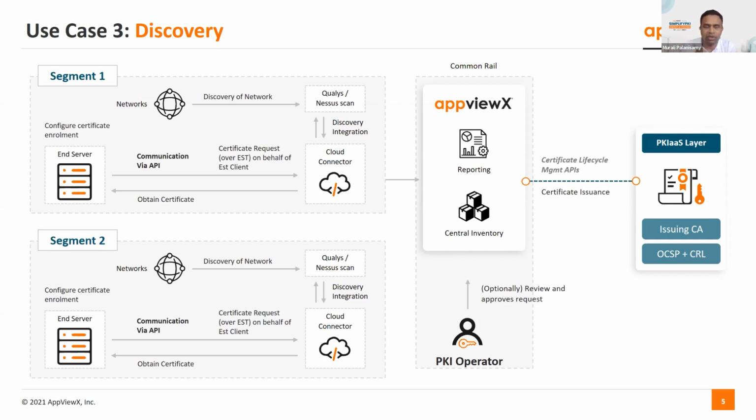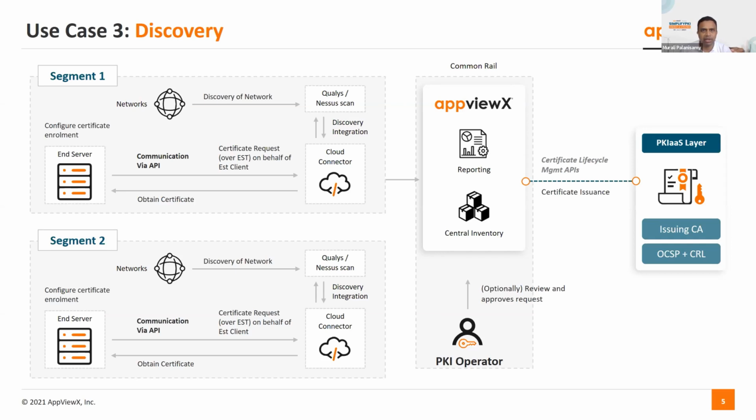Now, when we talk about zero trust with these multiple segmentations, it becomes challenging to discover those networks. There are two ways, again, like what Richard mentioned and also Jeff highlighted, right? Either you can have AppViewX do the scans. We have all the capabilities needed, and we have implemented that quite a bit into the monitoring rails.